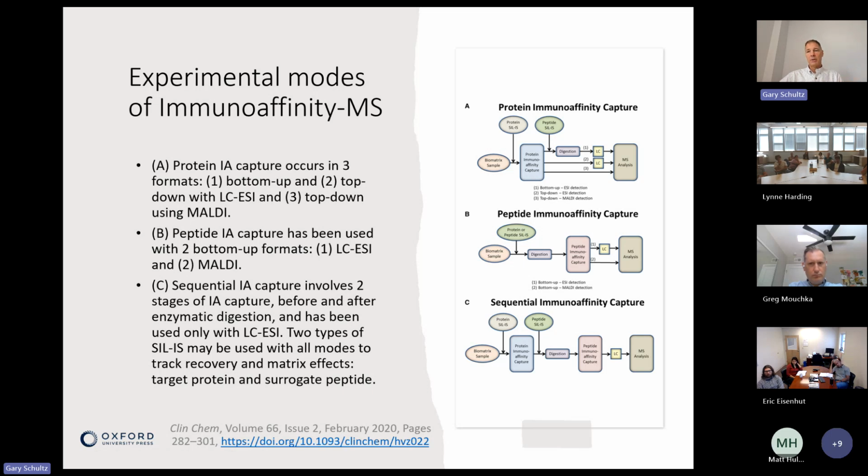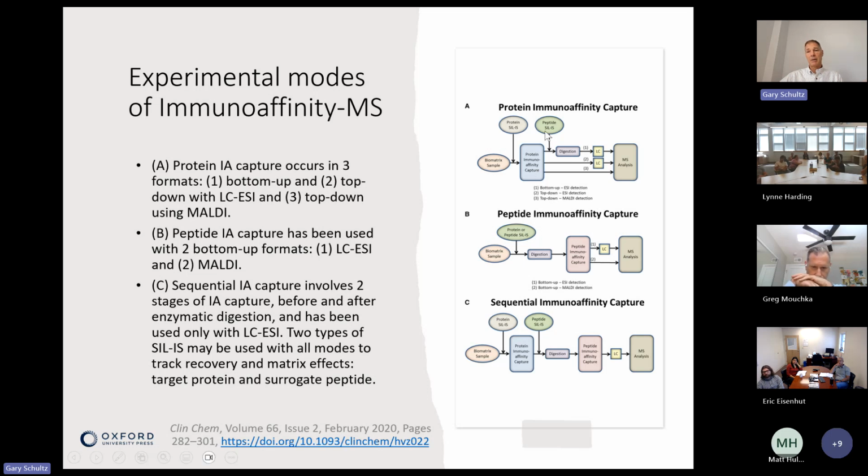And so we can either analyze that protein directly with LC-MS after it's captured to get intact molecular weight information and some structural information through MS/MS on the protein level, or we can take that protein and digest it to the peptide level and then measure a peptide of the target protein. So long as that peptide gives us selectivity and specificity, that's a very common method of quantifying proteins today.